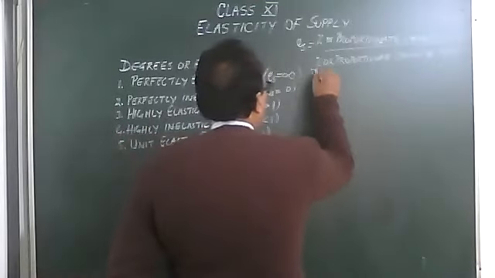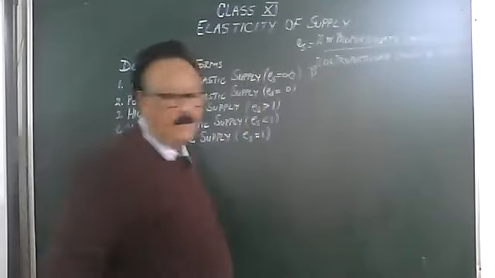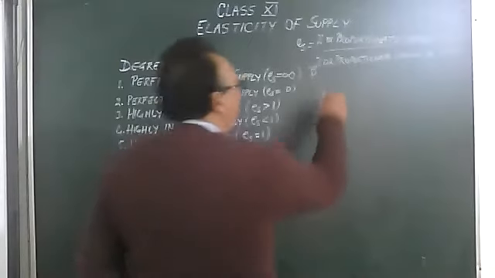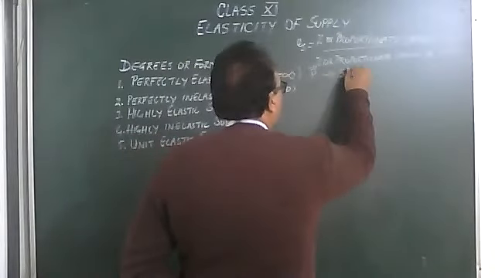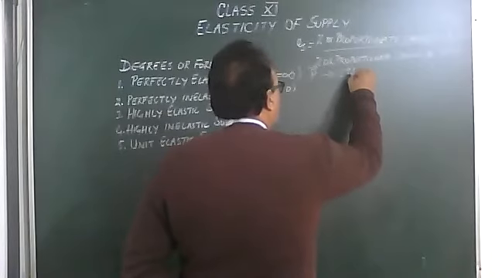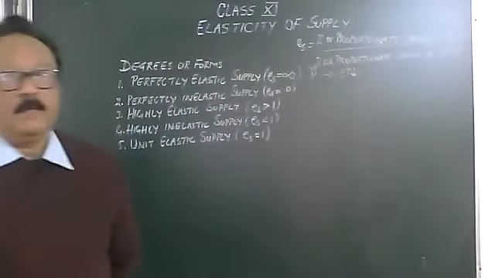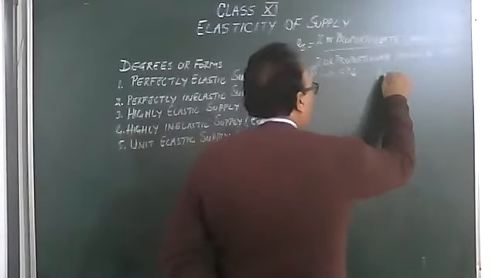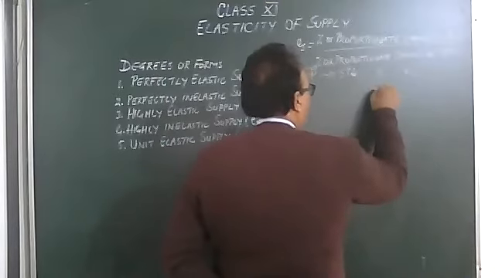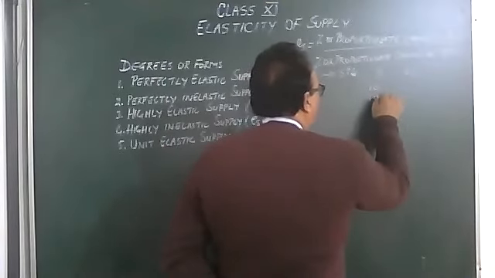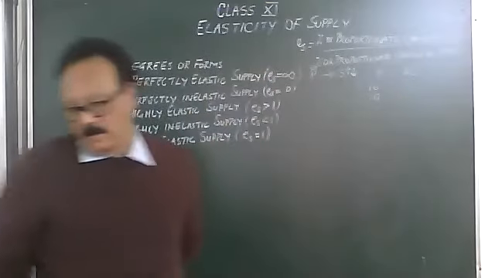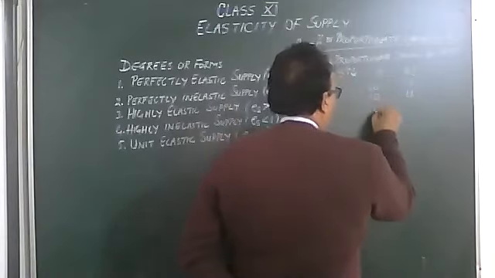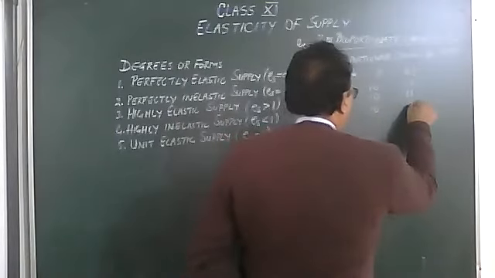Here, there is no change in price, but supply may increase or decrease. Price is constant. Let us take a unit: price is 10 and quantity supplied 10, and we can have 10, 11. The price is constant, again 9.